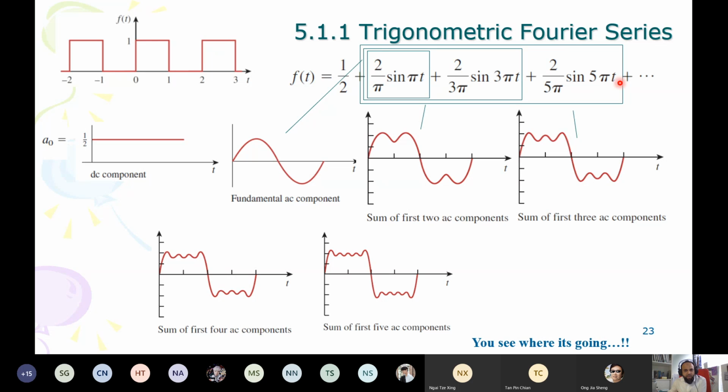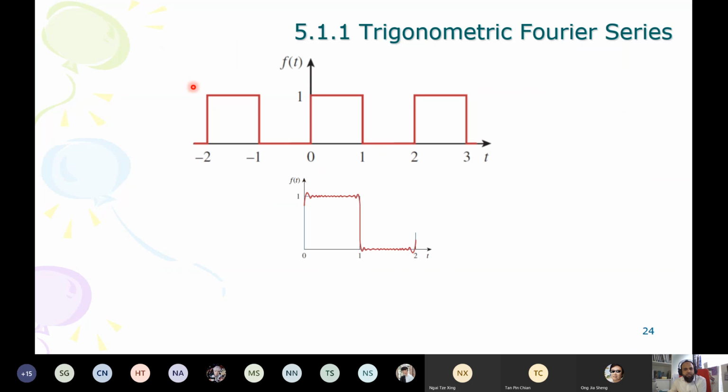So the more terms you have, the closer you become to a square wave. And if we go to infinite terms, it will be something like this, right? So this is when we go to n equal to 11. It's very close to a square wave and so on.